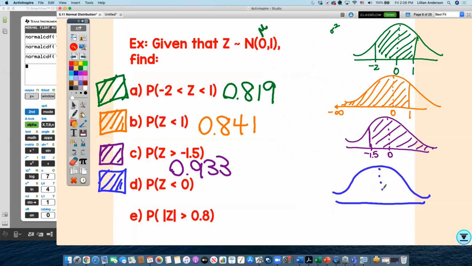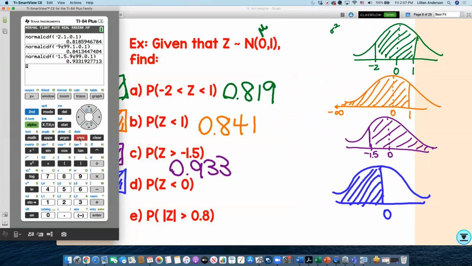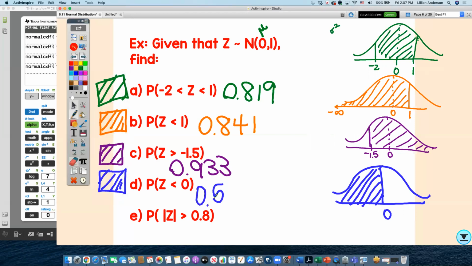So we're shading all of this. What's my lower bound? Negative infinity, so that's -9 E 99. What's my upper? 0. Mean and standard deviation stay the same. So that's essentially 50%, 0.5. The mean is 50% of your normal distribution curve, always.